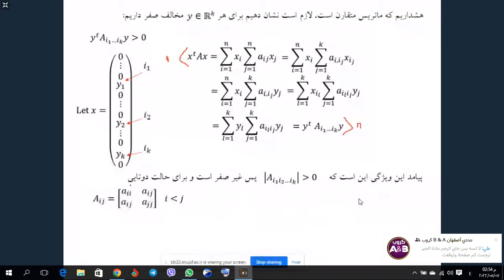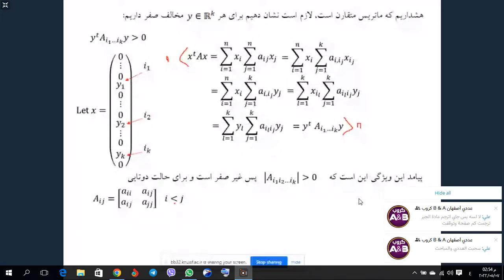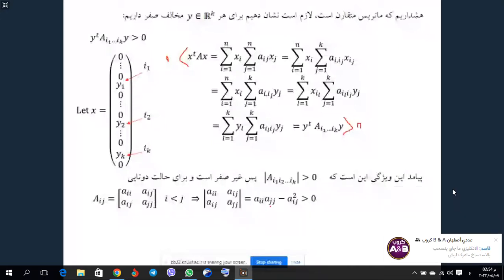And in the binary mode, if we consider 2 by 2, that is aii, aij, aji, that is equal because it's symmetric, ajj, for i less than j, we have aii ajj minus aij power 2 greater than 0.